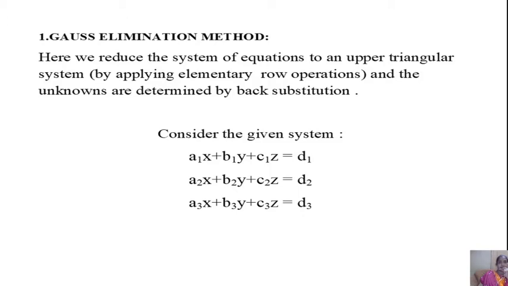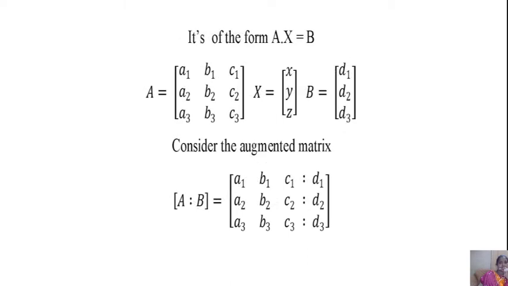We have taken three equations: a1x plus b1y plus c1z is equal to d1, a2x plus b2y plus c2z is equal to d2, a3x plus b3y plus c3z is equal to d3. It is of the form AX is equal to B, where A stands for the matrix a1, b1, c1, a2, b2, c2, a3, b3, c3, X represents x, y, z, and B is equal to d1, d2, d3, as shown.